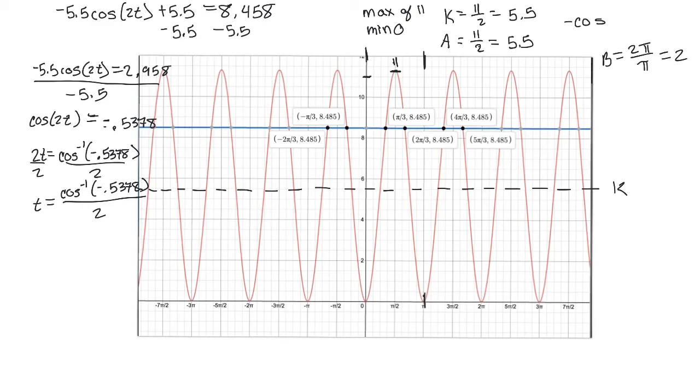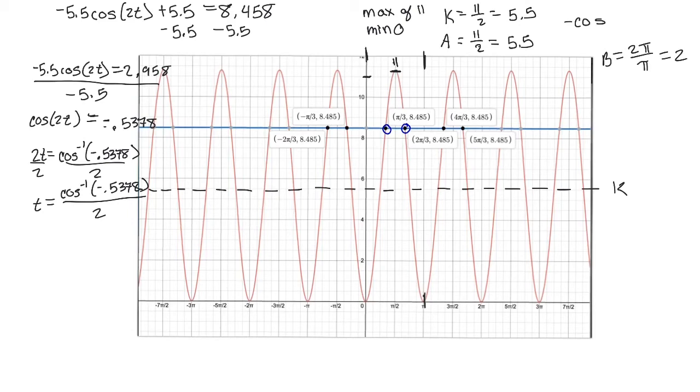We have a principal root in the first quadrant, and we have a principal root in the second quadrant. That's because our angular frequency, our b value, is 2, that means we're going to have two principal roots, and then twice that of our secondary roots or solutions from 0 to 2 pi.